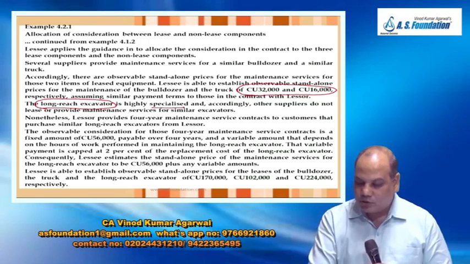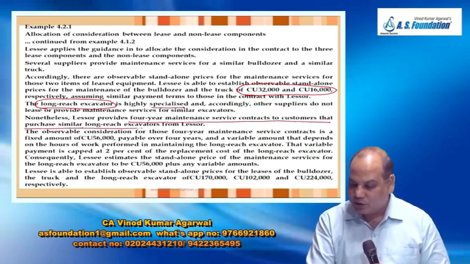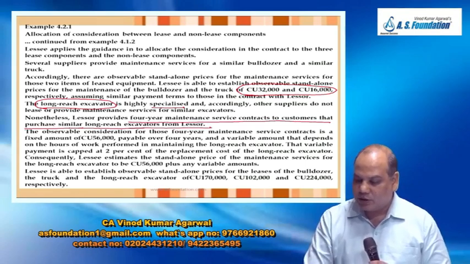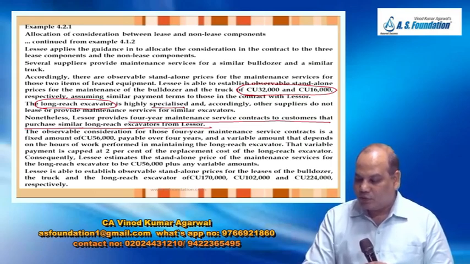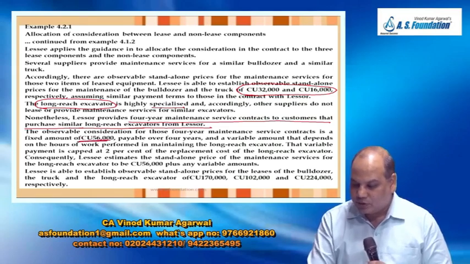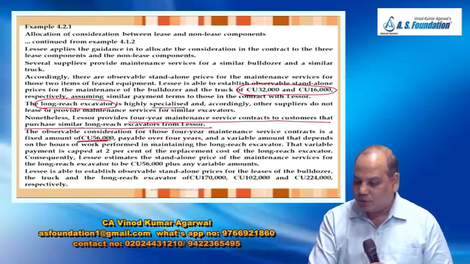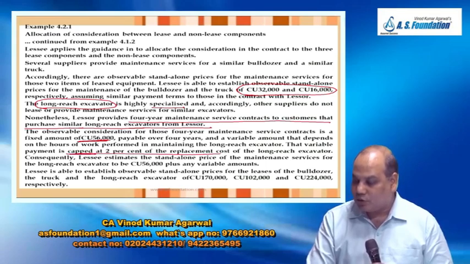Nonetheless, the lessor provides a 4-year maintenance service contract to customers that purchase a similar long reach excavator from the lessor. The observable consideration for those 4-year maintenance service contracts is a fixed amount of 56,000 currency units payable over 4 years, and a variable amount that depends on the hours of work performed in maintaining the long reach excavator. That variable payment is capped at 2% of the replacement cost of the long reach excavator.